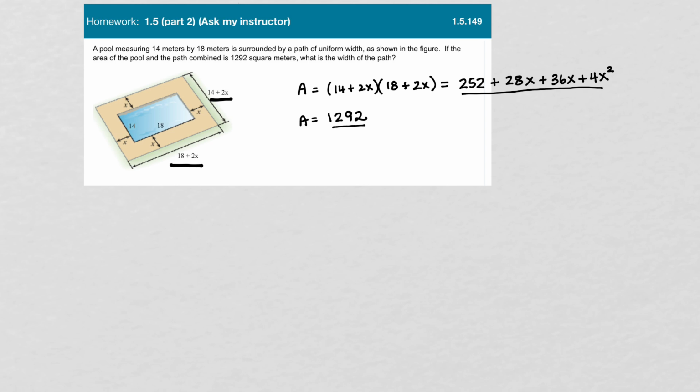So I'm going to write the first part in descending order. I have 4x squared. I can combine the 28x and the 36x, and that will give me 64x plus 252.